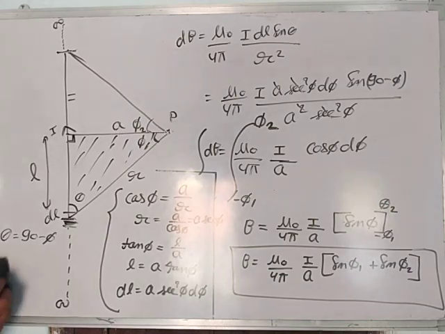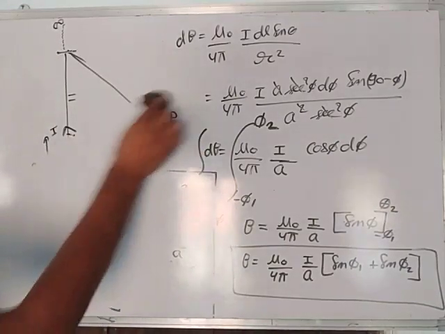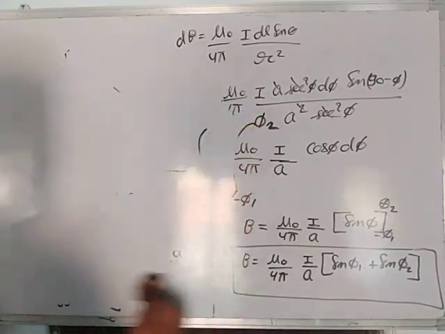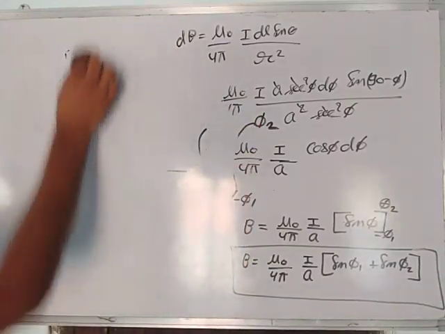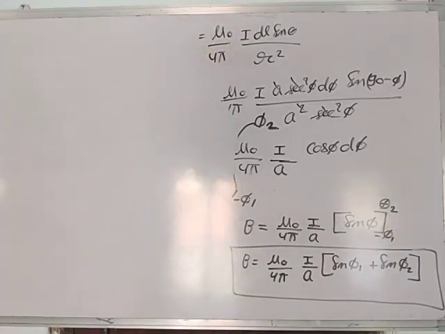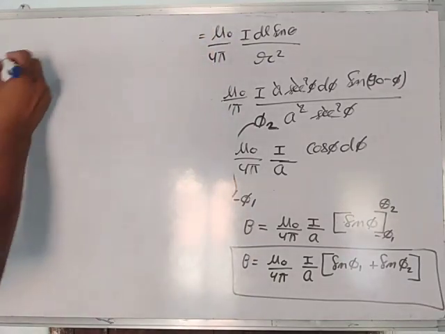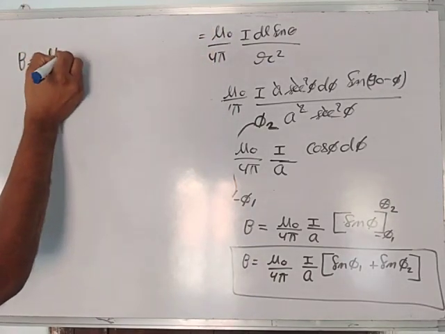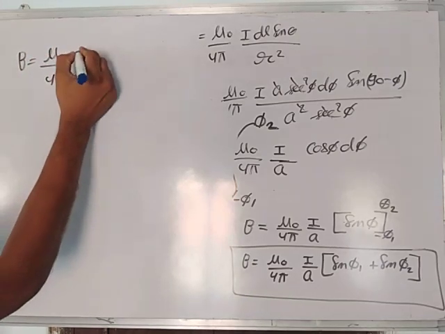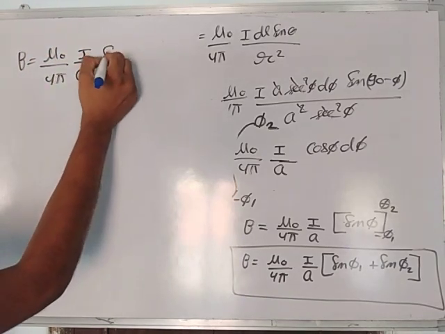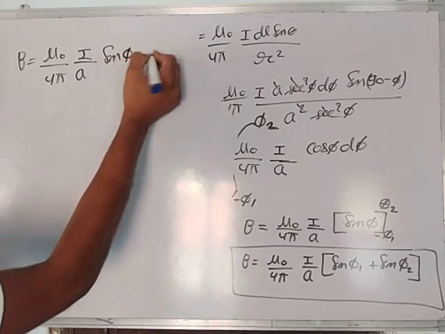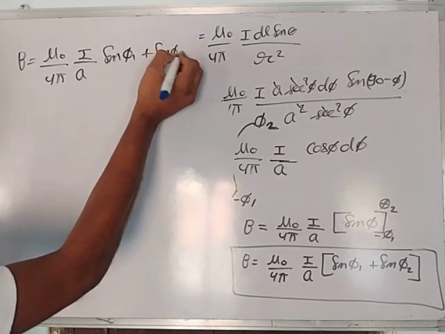Students, I want to discuss this result. This derivation is important and the result is most important. B is equal to μ₀/4π · I/a (sin φ₁ + sin φ₂).